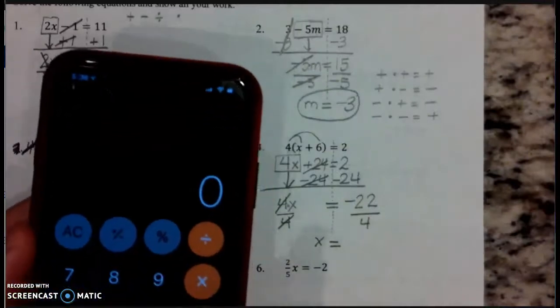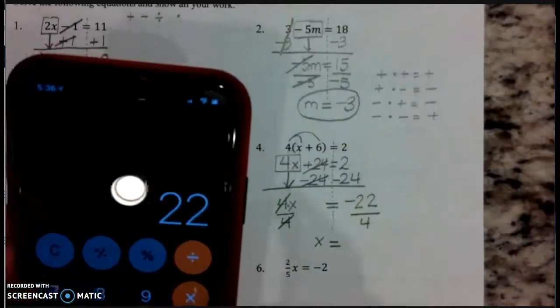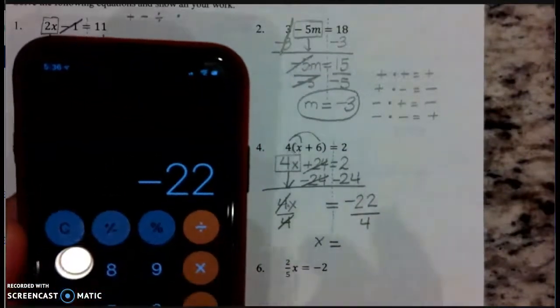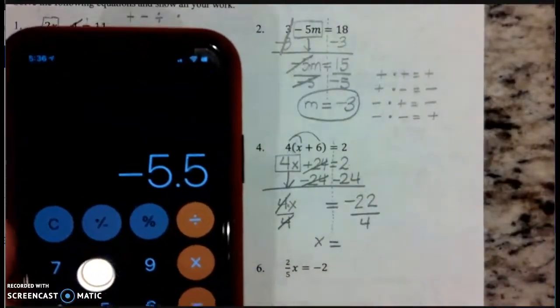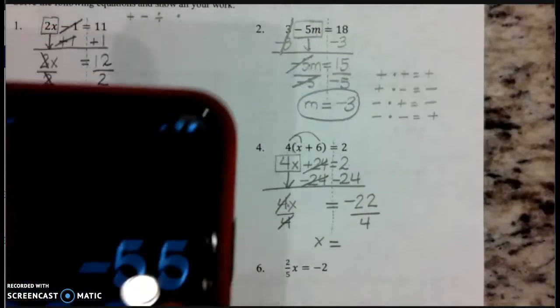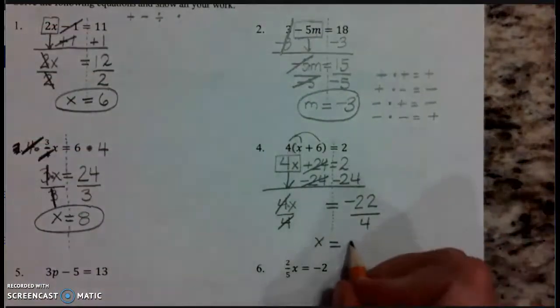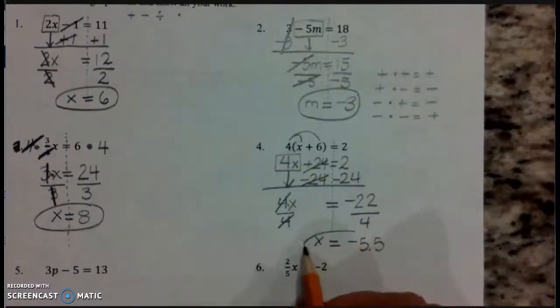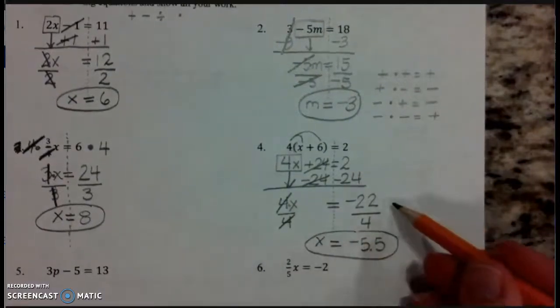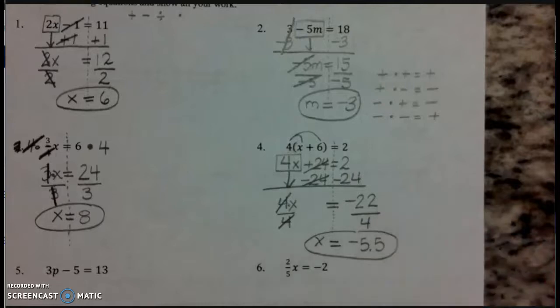So on my phone, I'm going to do 22, and I have a negative sign right there, divided by 4, and I'm going to hit enter, and I get negative 5.5. Okay. If you would like to leave it like this, you can as well.